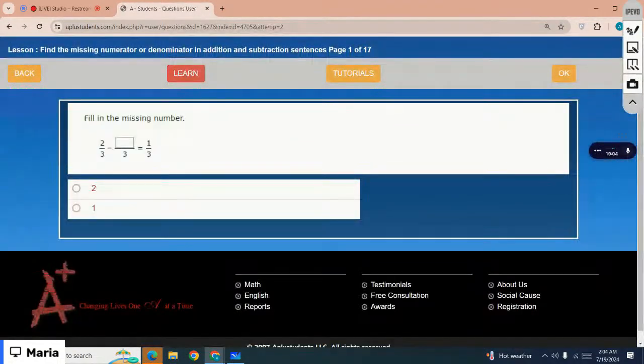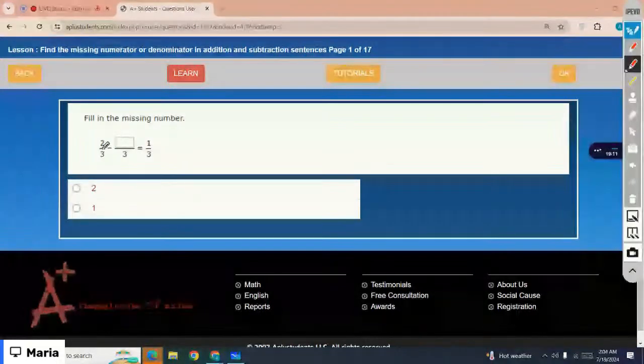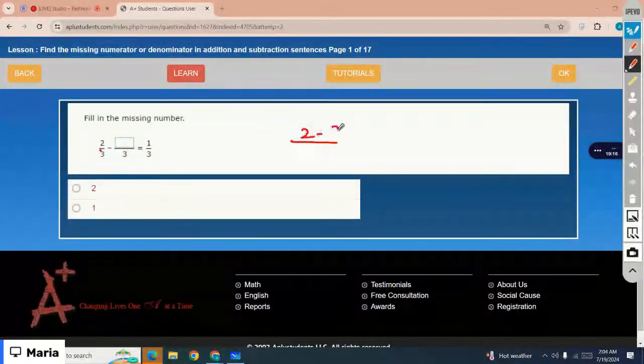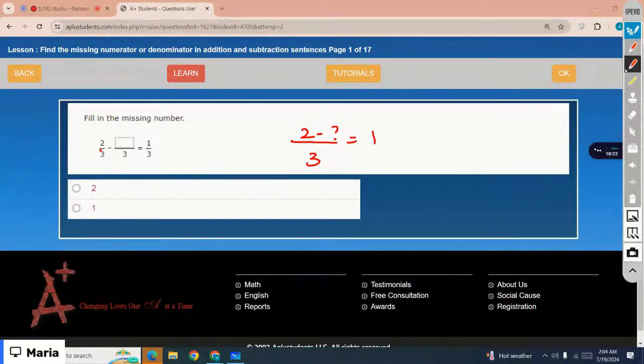Okay. Fill in the missing number. Here the numerator is missing, and the two denominators are the same. When denominators are the same, you simply subtract. So 2 minus what number is 1? 2 take away 1 is 1. That means the missing number is 1.